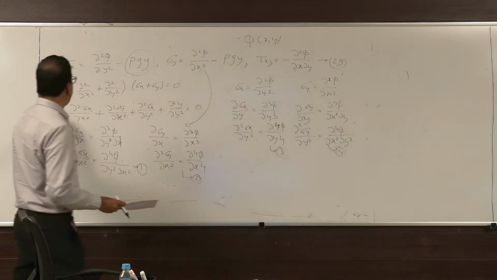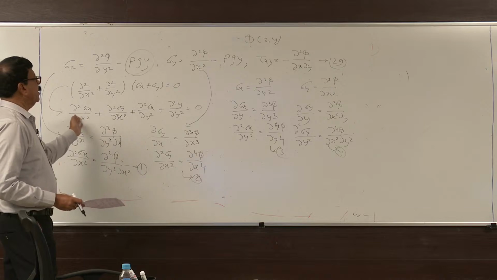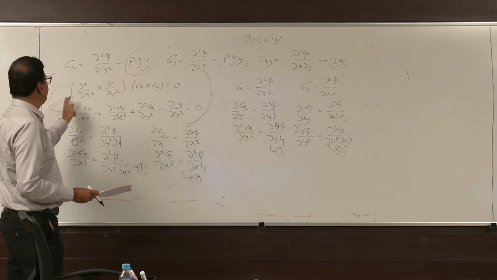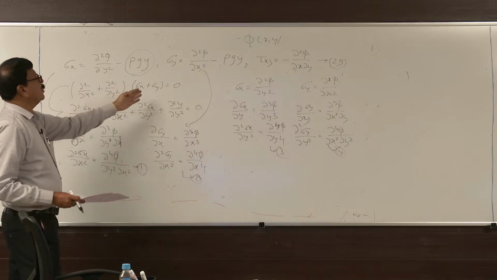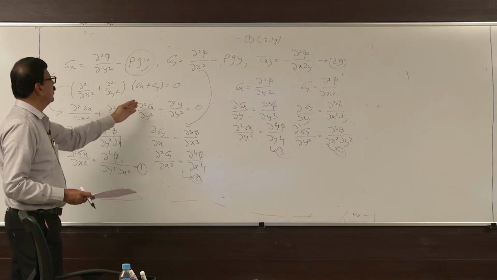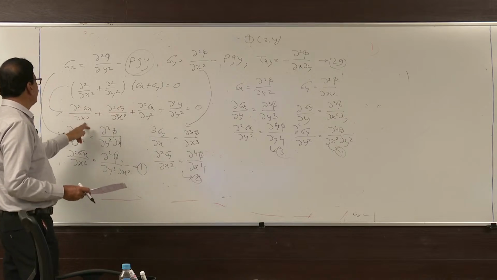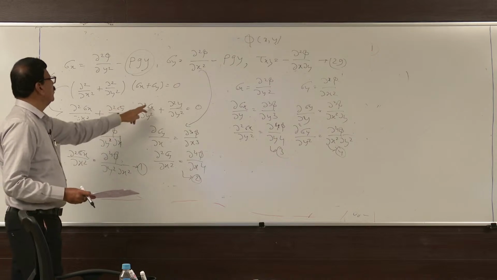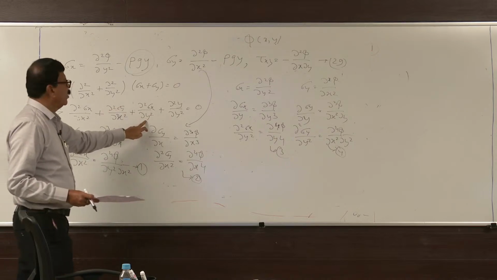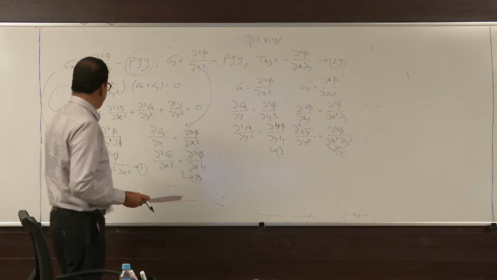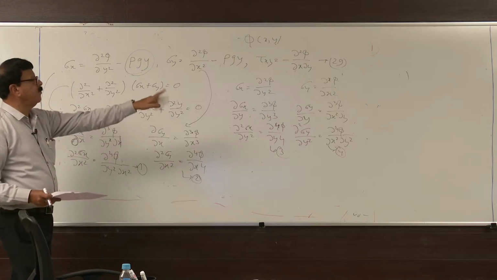If you put the values, we have sigma x, sigma y, and tau xy is not here. So we only use sigma x with respect to x twice, sigma y with respect to x twice, sigma x with respect to y twice, and sigma y with respect to y twice. So 4 times we did: 1, 2, 3, 4.